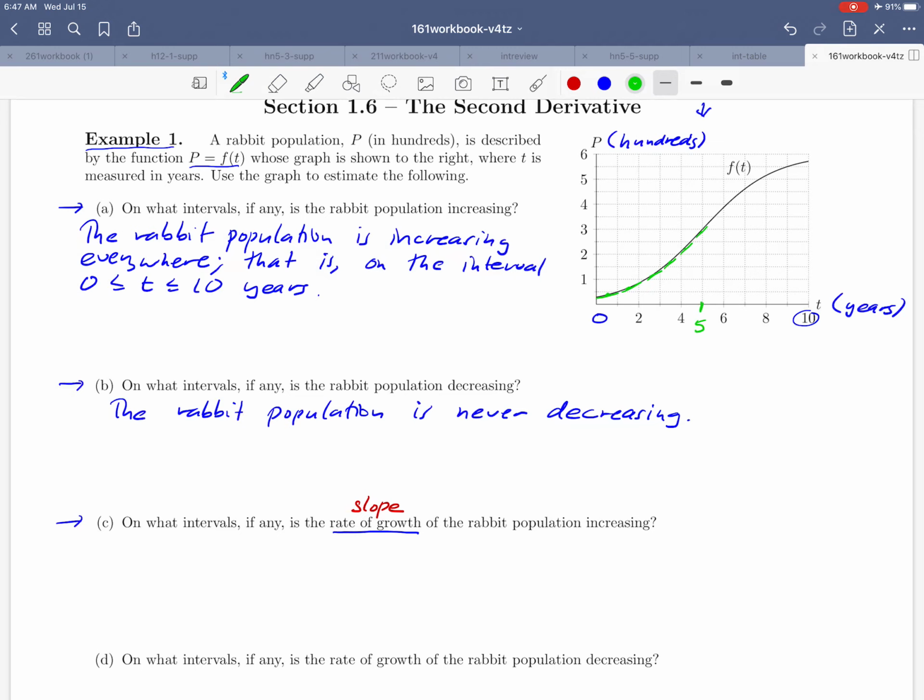After 5, the tangent line slopes would start decreasing, so 0 to 5 years is the interval we're looking for. Growth rate is increasing on the time interval 0 less than or equal to t less than or equal to 5 years. We could mention how we made that observation: because the slopes of the tangent lines are increasing.